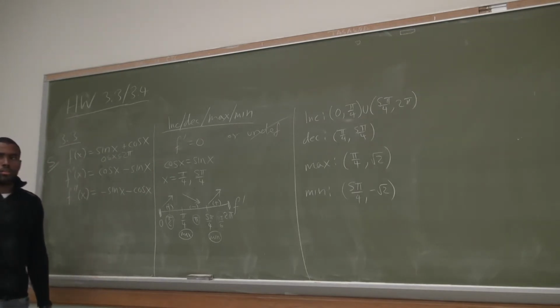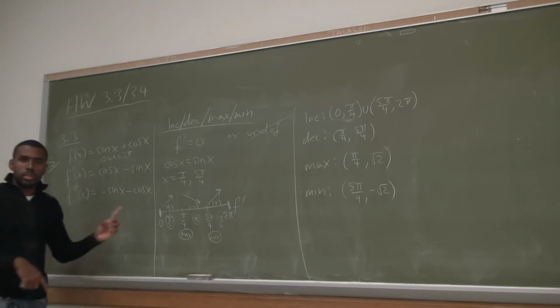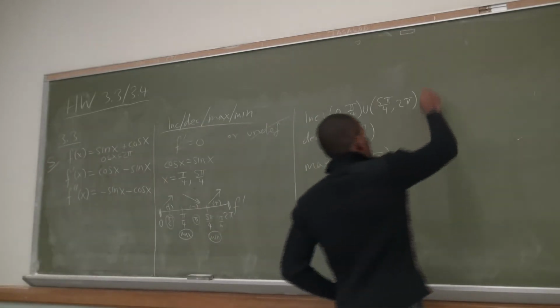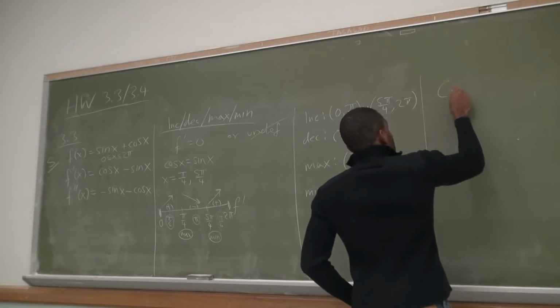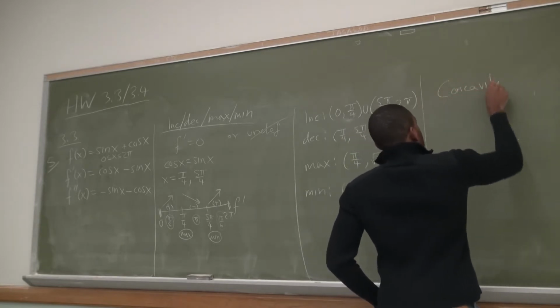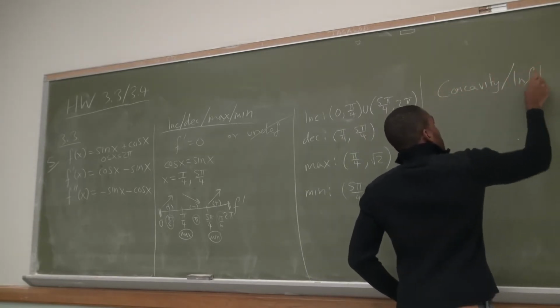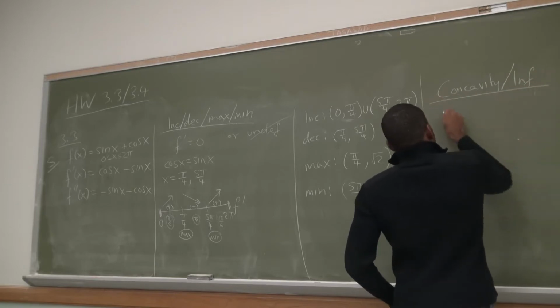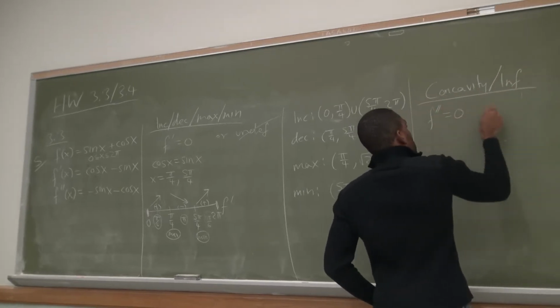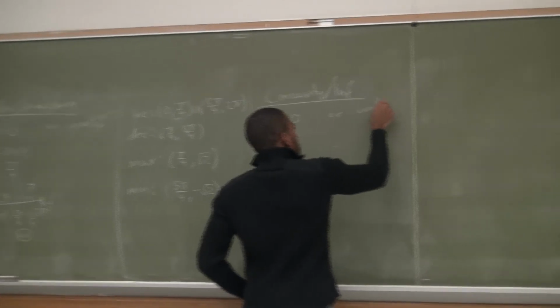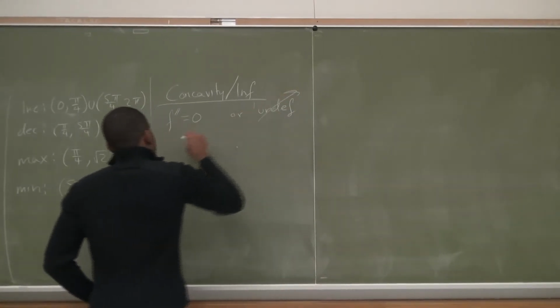Is there anything else? Increase and decrease, max and min. Do you have to do the concavity? So now we do concavity and inflection. Which means you look at the second derivative. So you say f double prime equals 0 or undefined, and again it's not undefined, so you ignore that.